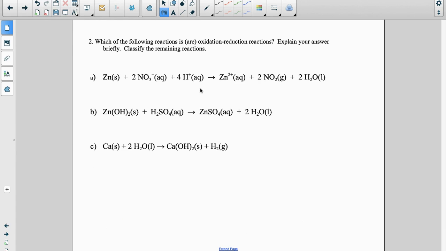And if we see oxidation numbers changing, this is kind of the crux of redox, right? Oxidation numbers must change in order to have a redox reaction.